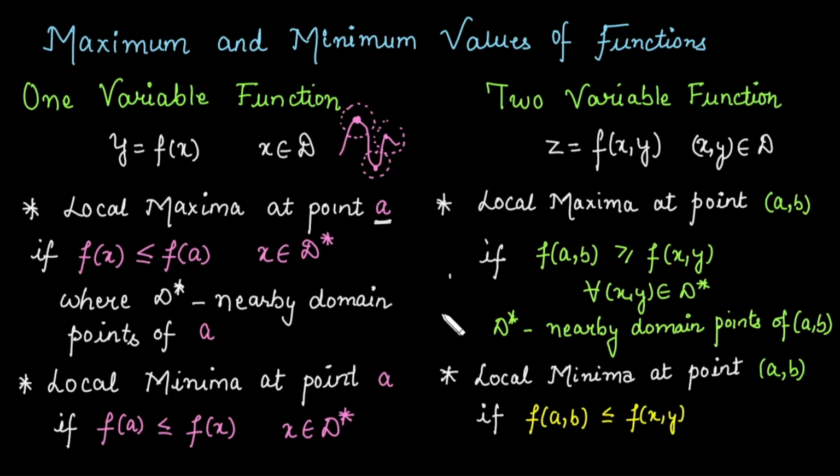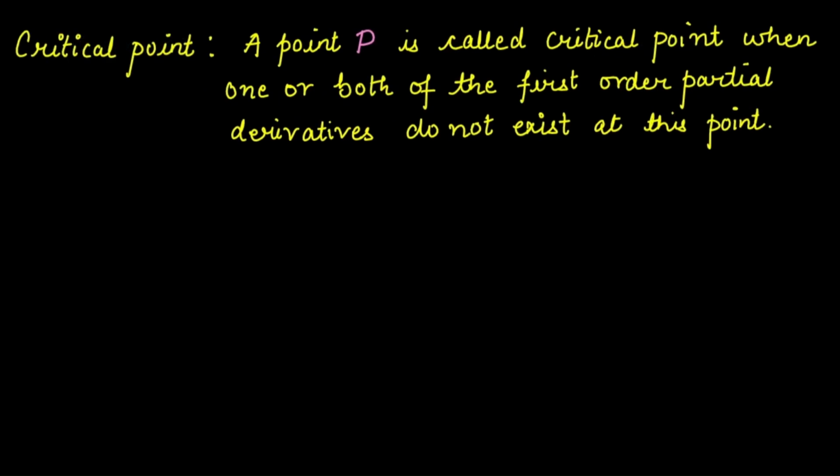To determine where these maximum or minimum values occur, we need to find something called a critical point. In a one variable function, a critical point means where the derivative of the function is 0 or undefined, whereas for the two variable function, we take the partial derivatives.